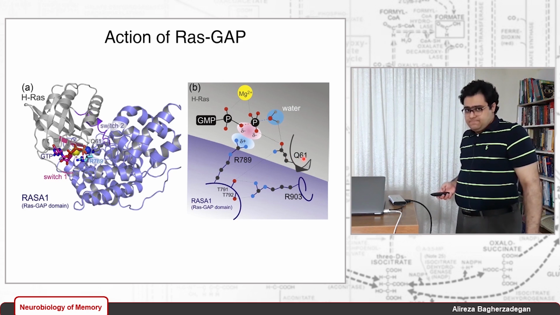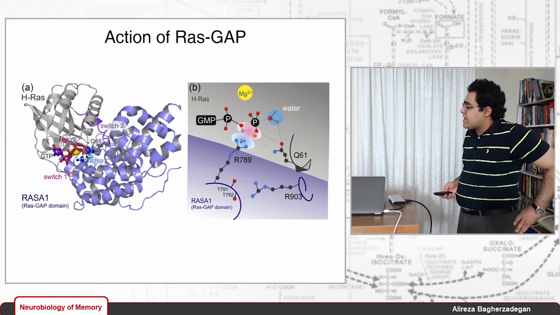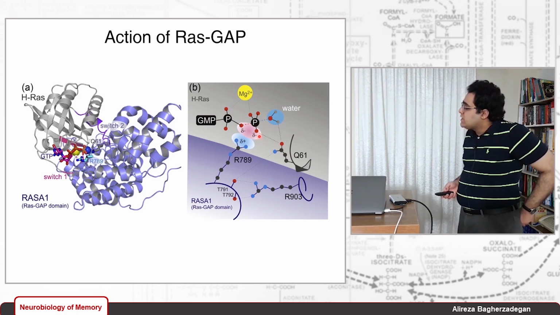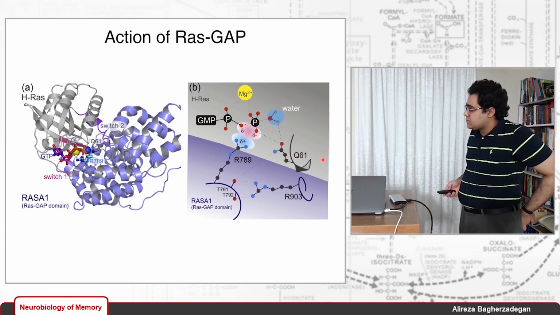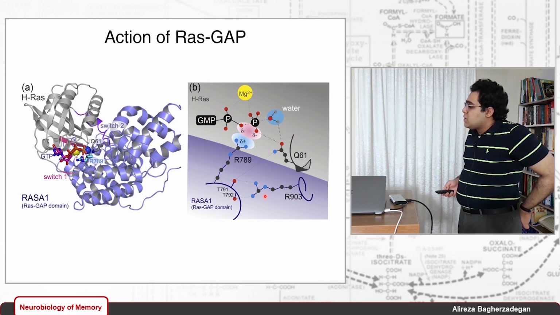Glutamine 61, Q61 of the H-Ras, plays a very important role in coordinating the water molecule and also the gamma phosphate. So this is also important here. We have another arginine finger, arginine 903. This coordinates not the arginine finger, but the loop comprising that catalytic arginine finger.